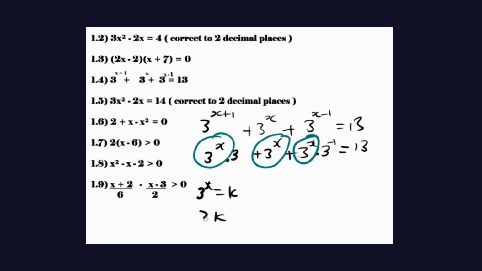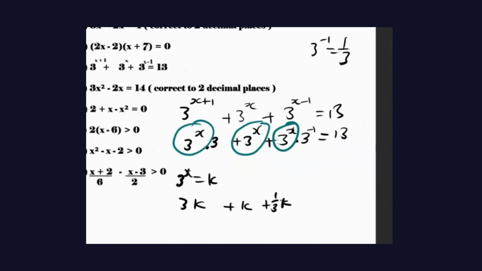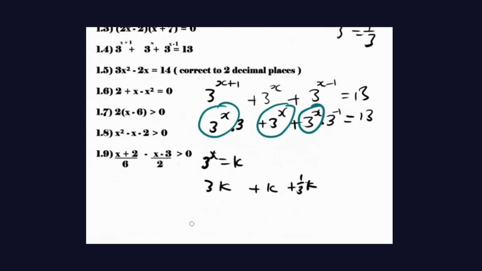It will still be like 3k plus k plus 1 over 3k, since this is equal to 1 over 3. So when we take out k, we are left with 3, and here when we divide by k, it's just 1, and here it was 1 over 3.